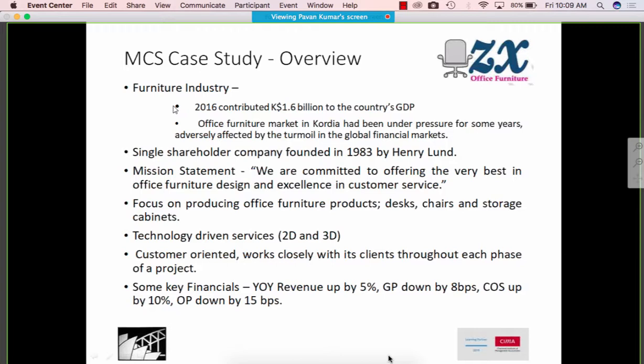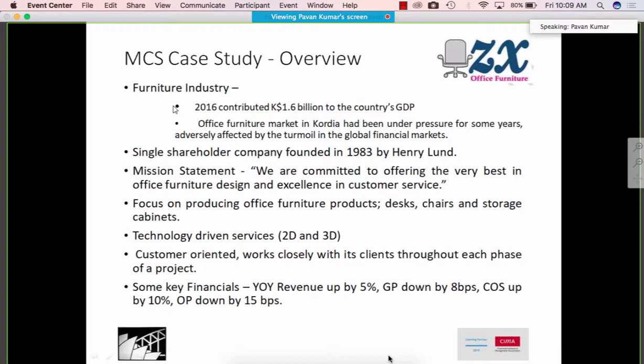The focus of this company is on producing office furniture products like desks, chairs, and storage cabinets. And they have been doing it innovatively using technology-driven services like 2D and 3D, where we can say they're trying to use virtual imaging here. They are a customer-oriented company.